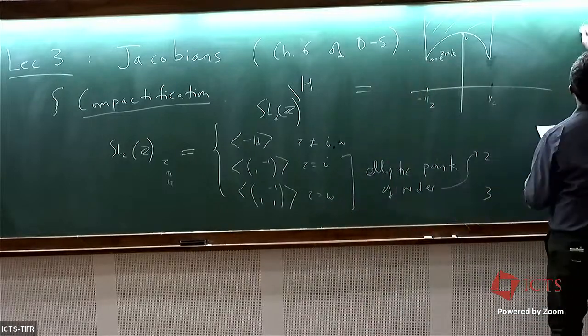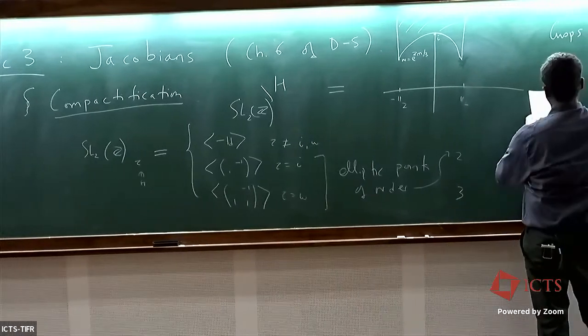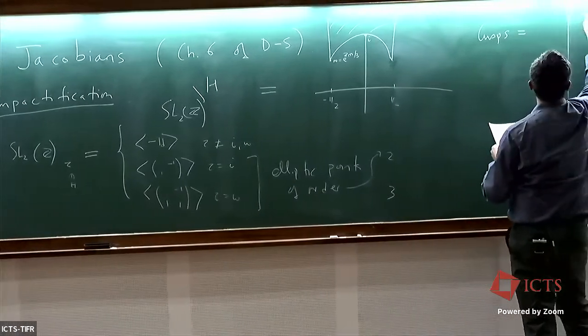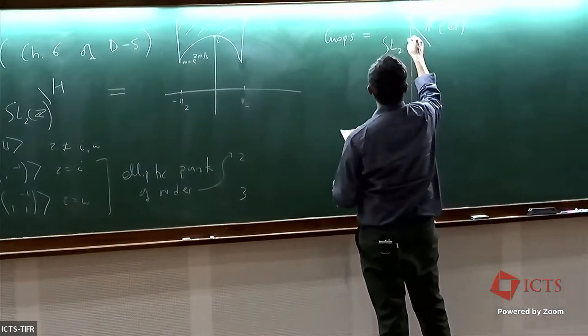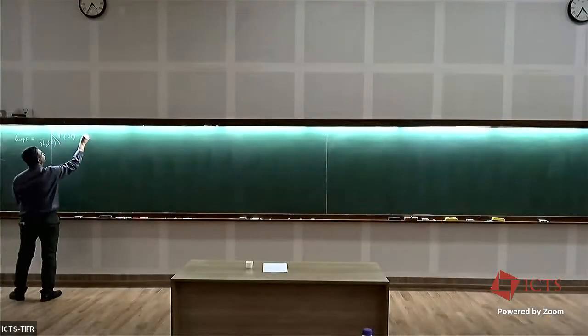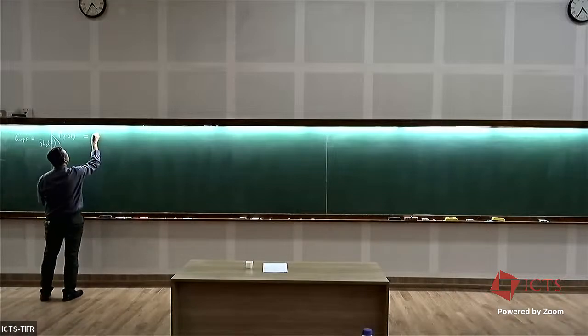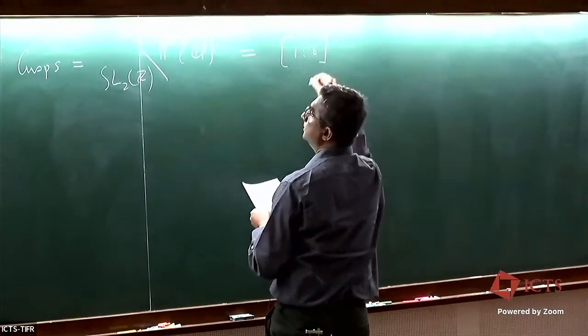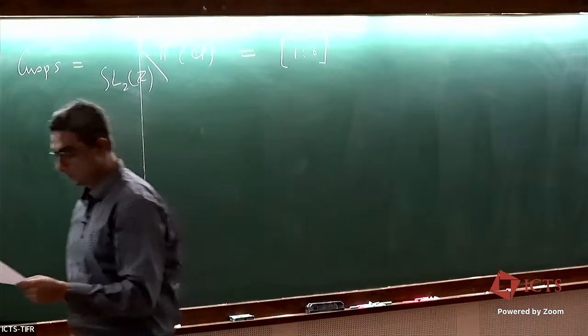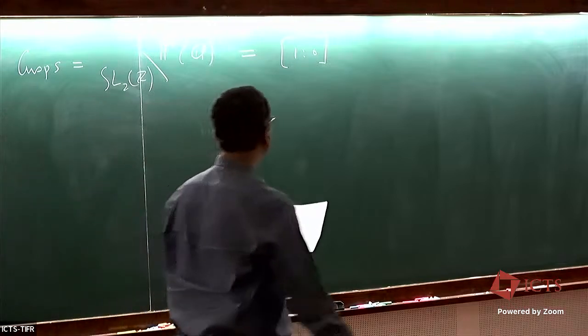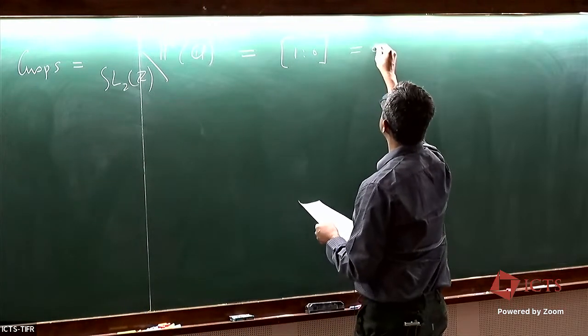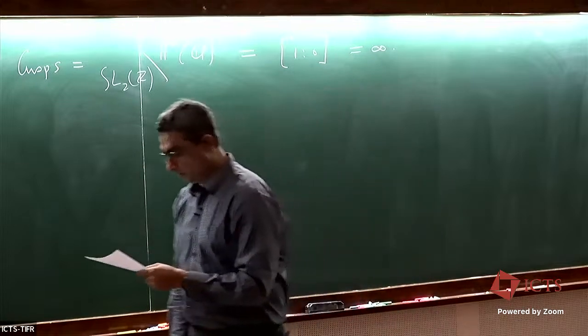The cusps are, by definition, P1(Q) modulo SL2Z, and as a small exercise, there's just one point here. You write it this way. There are various ways to write this, as fractions or as ordered pairs up to multiplication by non-zero scalars. So sometimes it's just called infinity.